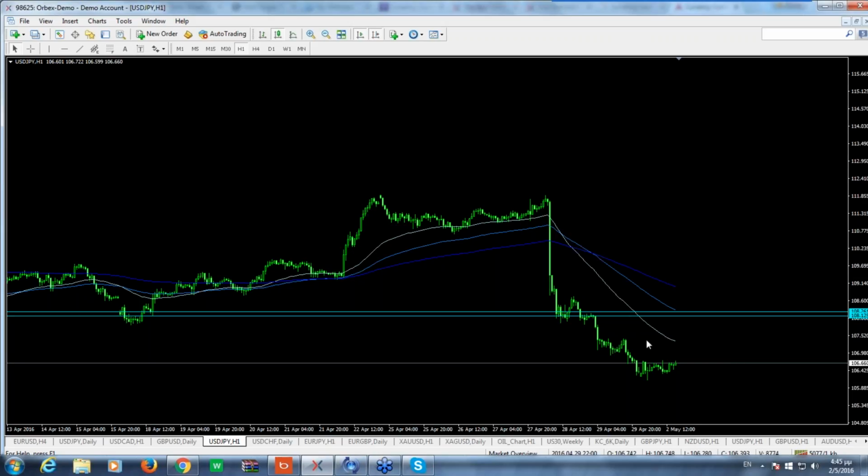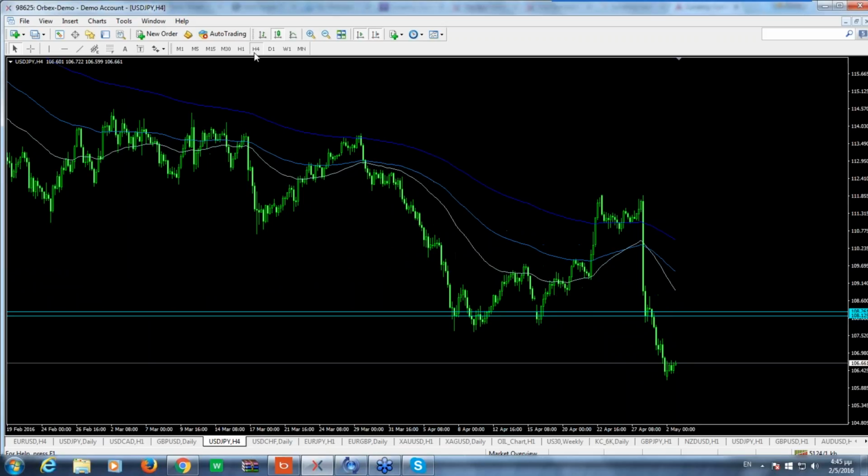The 50, the lighter blue one, is pointing downwards at more of a 5 o'clock angle, and the longer ones, the 100 and the 200 moving averages, are showing that they may be weakening in terms of clock angle direction towards the 3 o'clock. That gives you a hint that there may be a bit of weakening to the downside, but we're looking at a 1 hour chart.